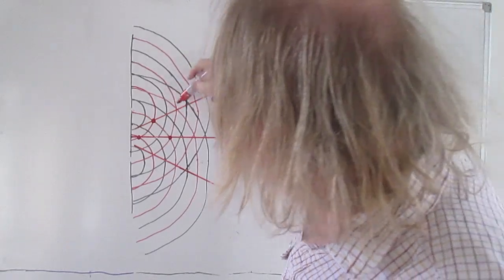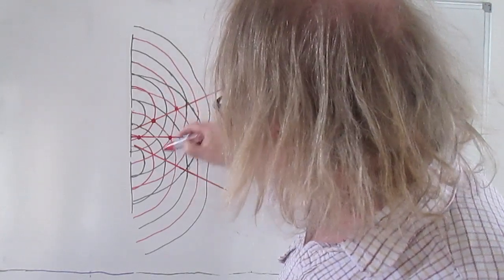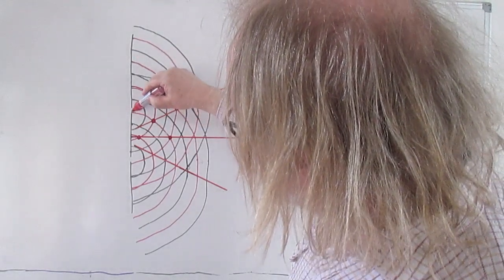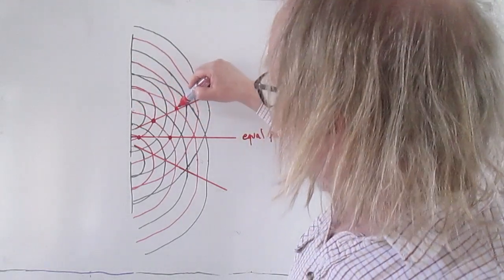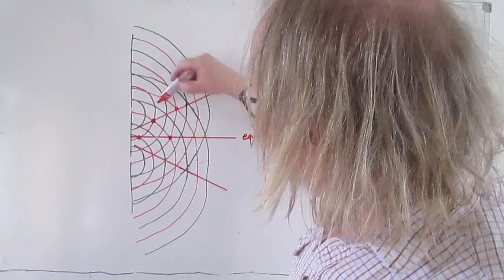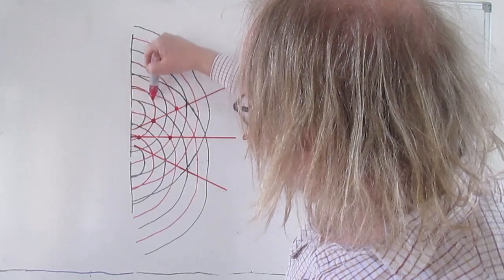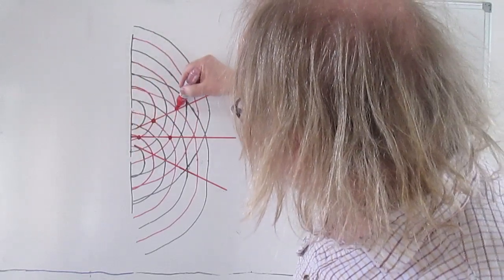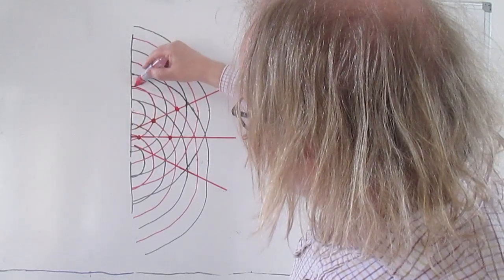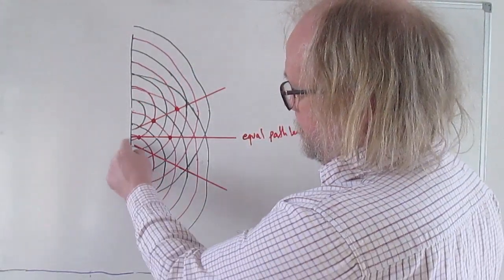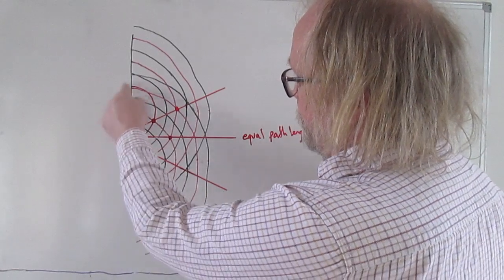So if we're looking at this point here, here's the semicircle that's diffracted from this point, and you can see that it's basically travelled 1 wavelength to reach that semicircle, 2 wavelengths to reach this one. So it's travelled 2 wavelengths from there, but from this one it's travelled 1, 2, 3.